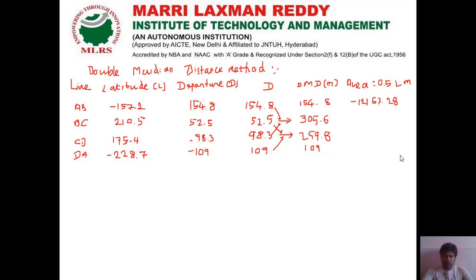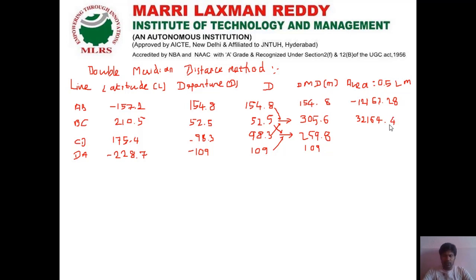Next, 210.5 into 305.6 into 0.5 becomes 32,164.4.